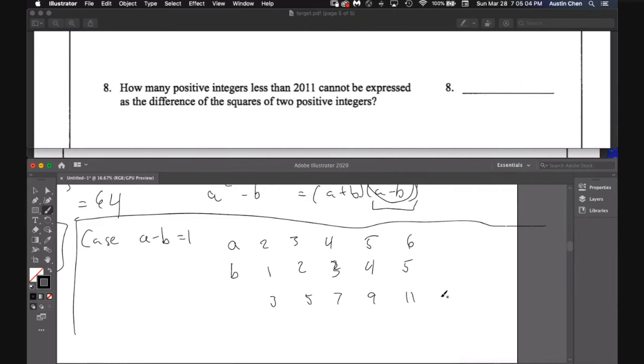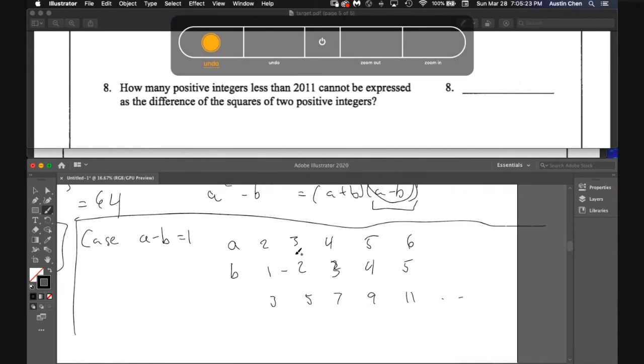We can see that all of these sums of these two numbers are increasing by 2. That makes sense, because from each of these steps, we're increasing each of a and b by 1, so we're going to increase the total sum by 2 every time. Now, what is this telling us?